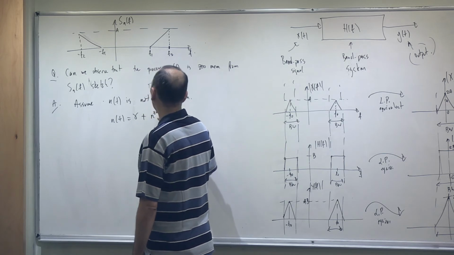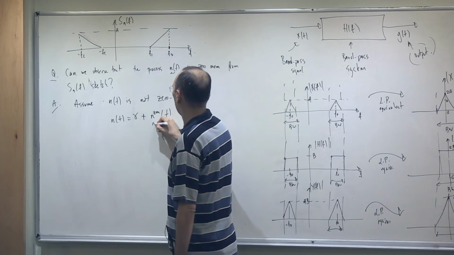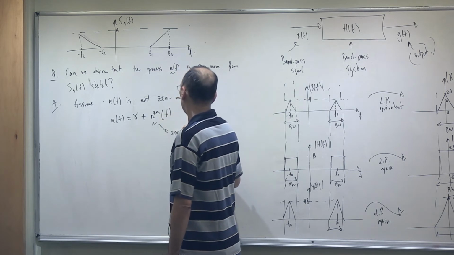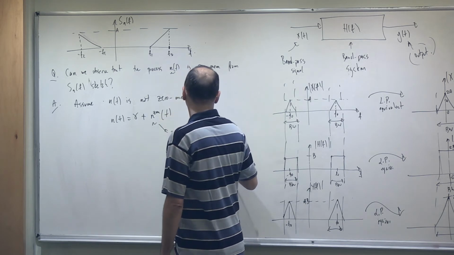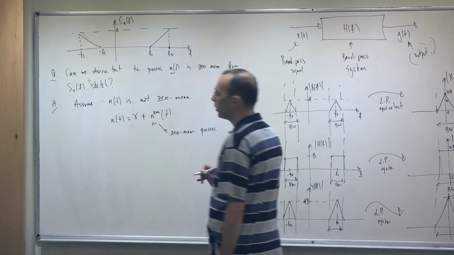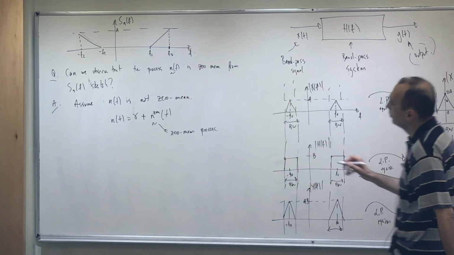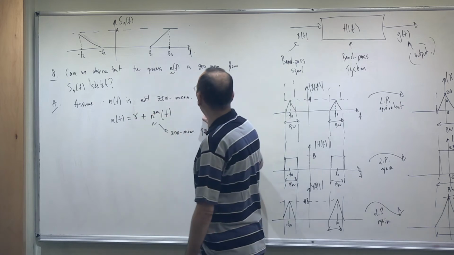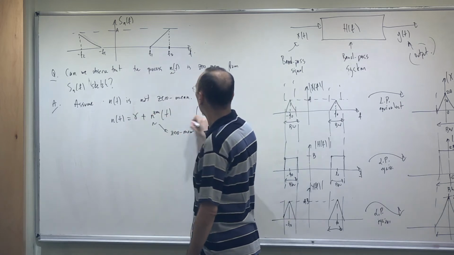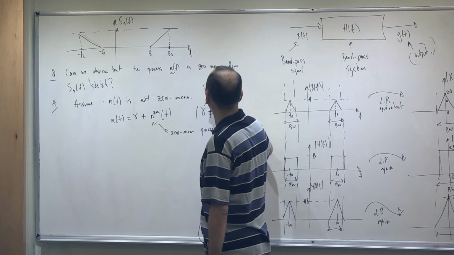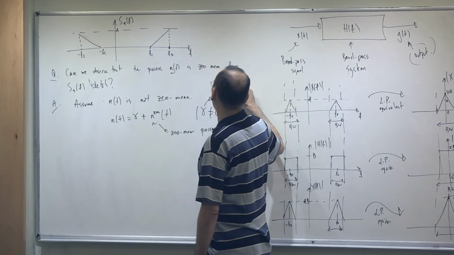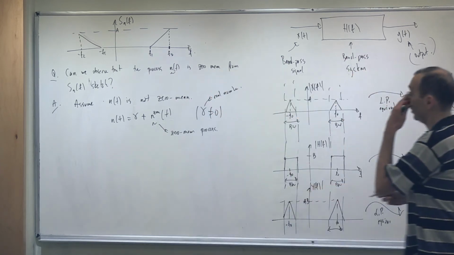Let me write it like this, zero mean. So this is the zero mean process. Do you agree? So n of t is not zero mean, so gamma is not equal to 0. This is a real number. Oh, well, it can be a complex number, but okay, real number.